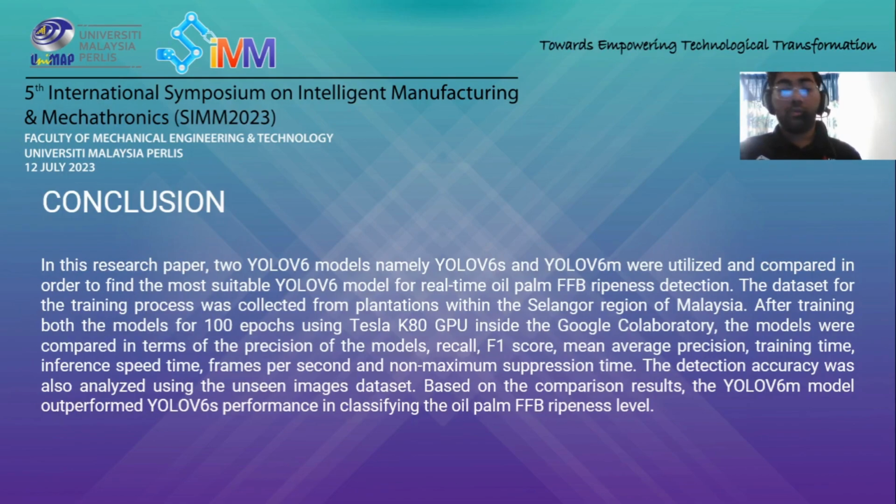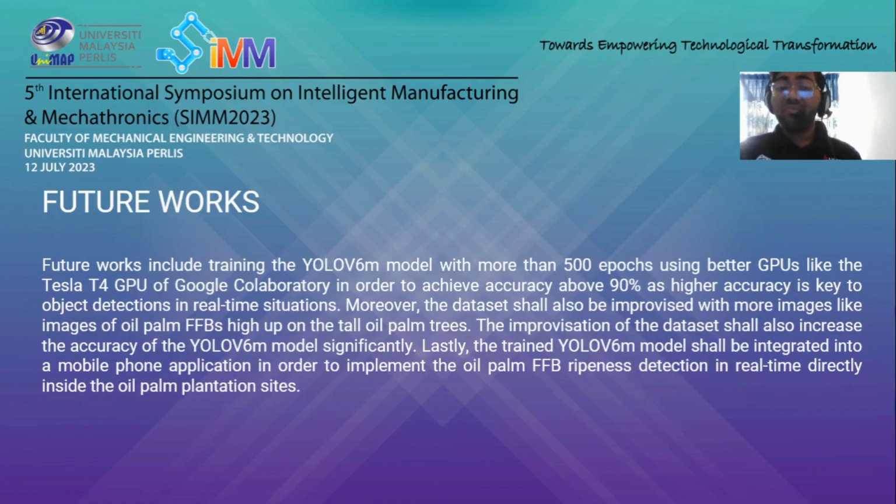Even though we mentioned all these parameters in the conclusion, the major parameters that were utilized to compare the two models were the precision, F1 score, frames per second, and lastly the detection accuracy using unseen images dataset.